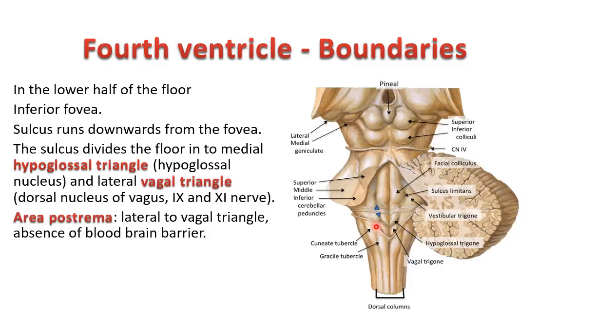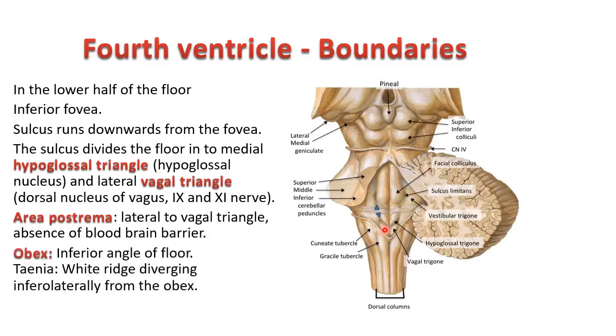The area postrema is present between the vagal triangle and the gracile tubercle. It is a very small area, and it is separated from the vagal triangle by a band of white matter called the funiculus separans.